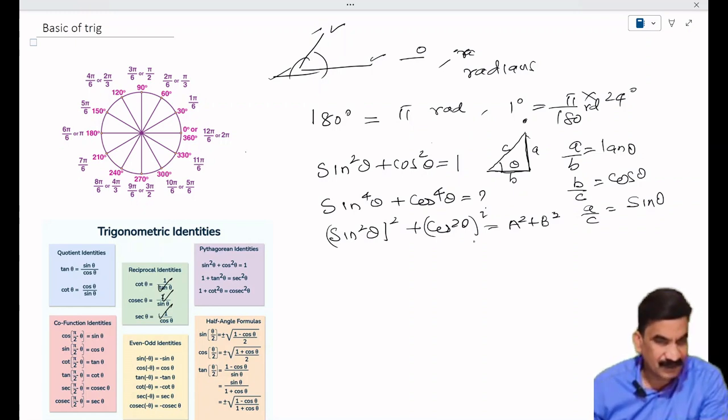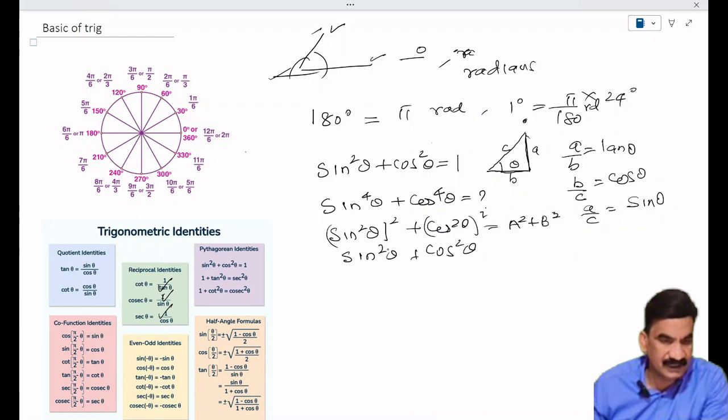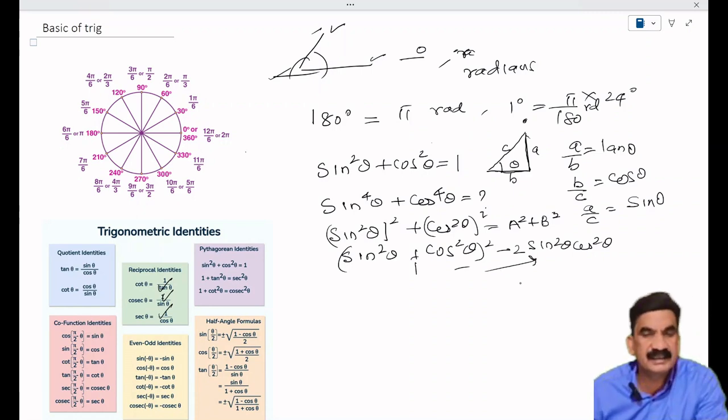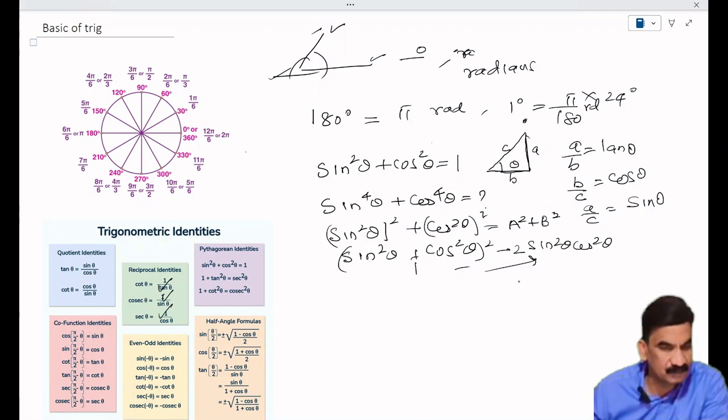That's again, you must be good with algebra. So I can write it as sine square theta plus cos square theta whole squared minus 2 sine square theta cos square theta. Now this becomes 1 minus this thing. So again, the point is that it's not about the complexity of a problem. It's about how you break it down to a simpler one.